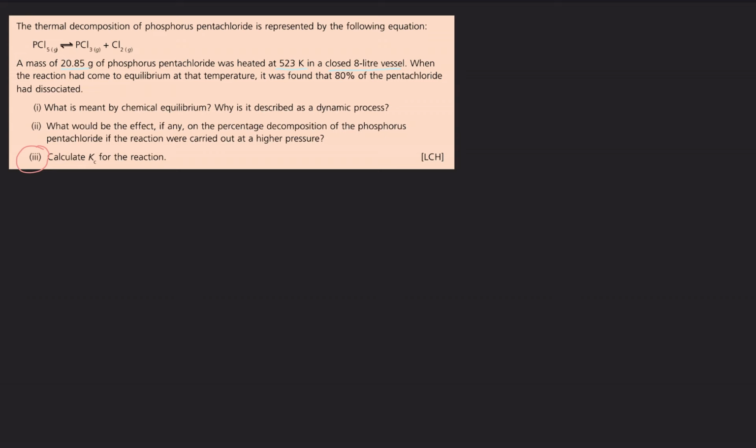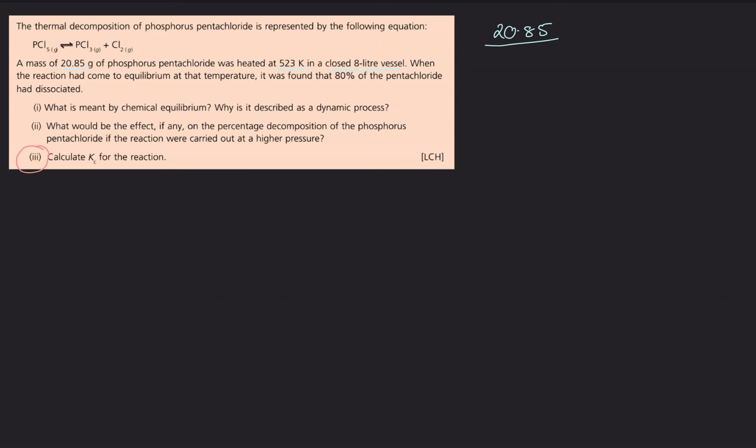Okay, so we have to figure out where our starting point is. There's only really one way we can start here. We have a mass, we have a compound, so we can work out the number of moles that we have currently. If I take the 20.85 grams of the pentachloride and divide it by the relative molecular mass of the pentachloride, you can find all of the information on the periodic table.